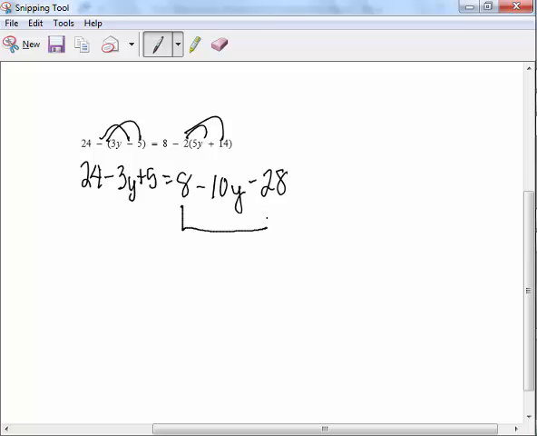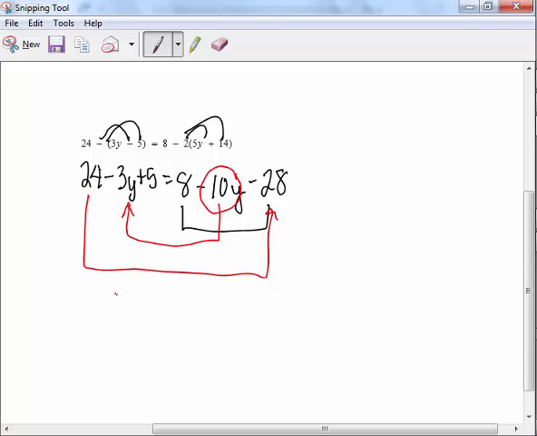Combine like terms, and then combine sides. So this is going to move over here, which means this is going to move over here. So we're going to get this negative 10 on this side is positive 10 on that side.